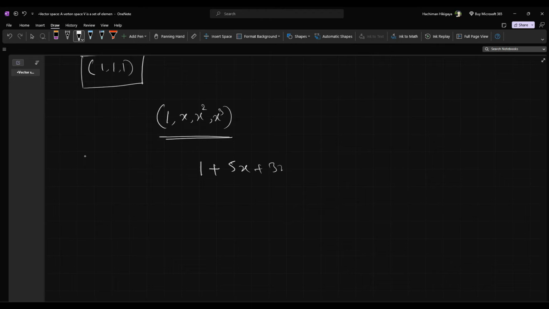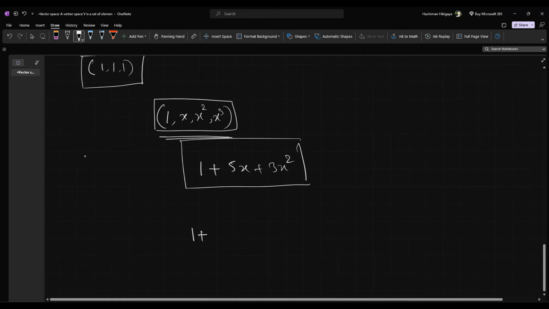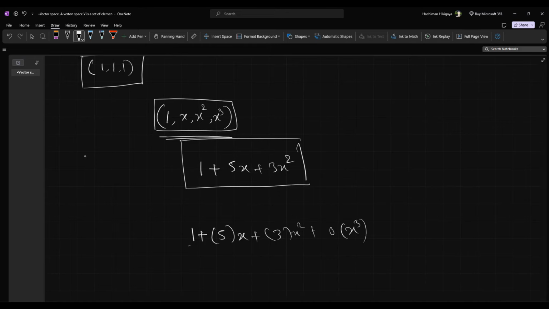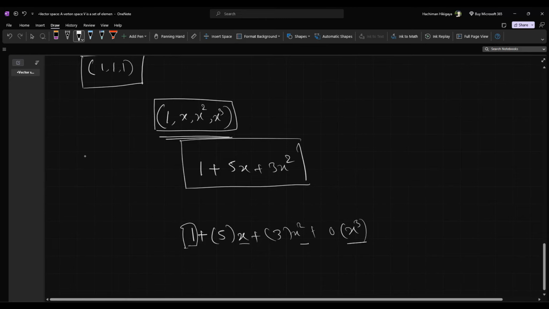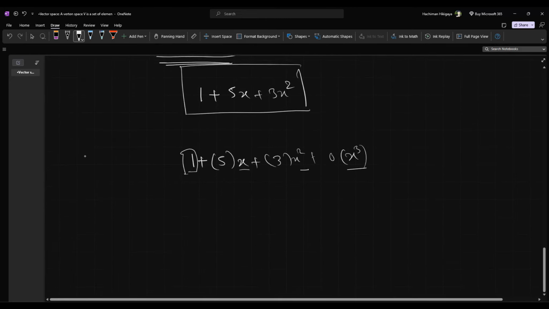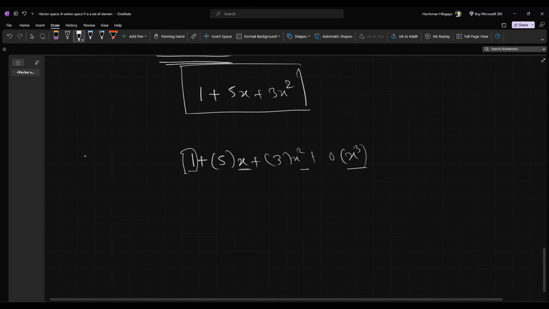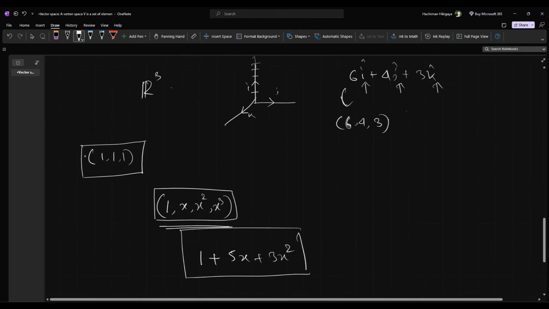You'll see that this can be written as a linear combination of this list: 1 plus 5 times x plus 3 times x squared plus 0 times x cubed. I think it's clear why this acts as a basis of the set of polynomials of degree 3.